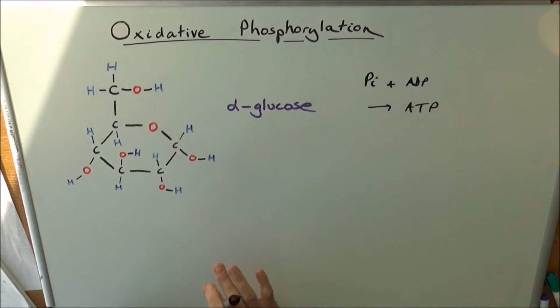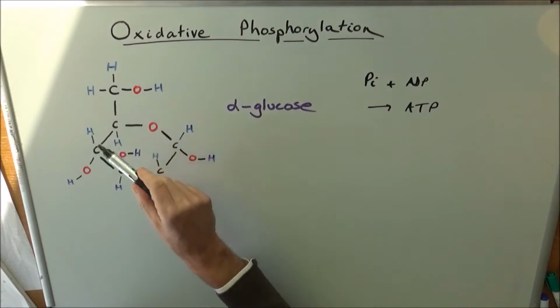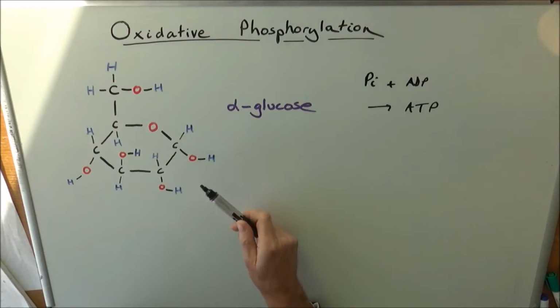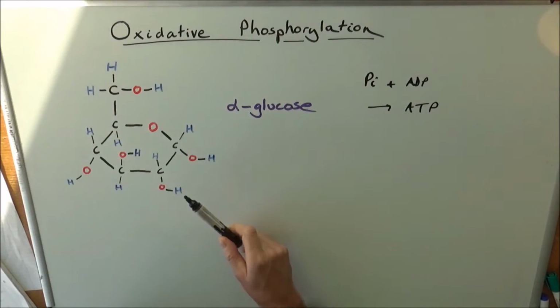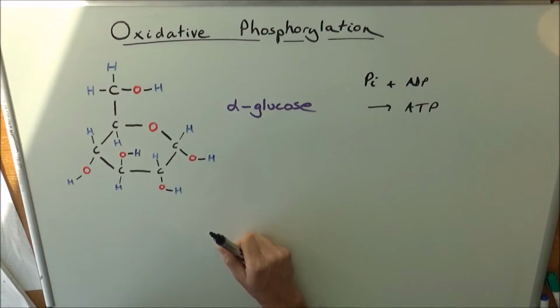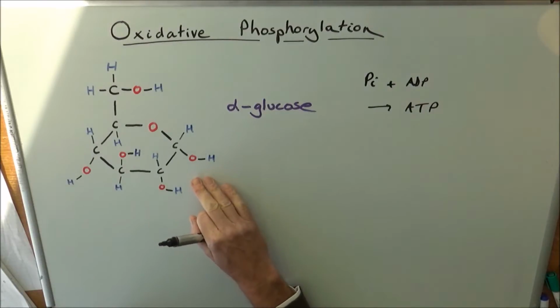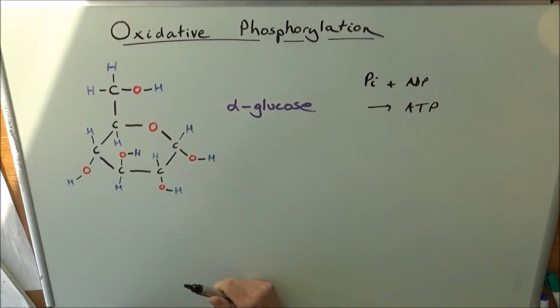So what happens in the overall process of aerobic respiration is that the chemical energy stored in molecules such as glucose, this is also true of fats by the way, but at A-level biology you really just look at glucose, is released during its dismantling.